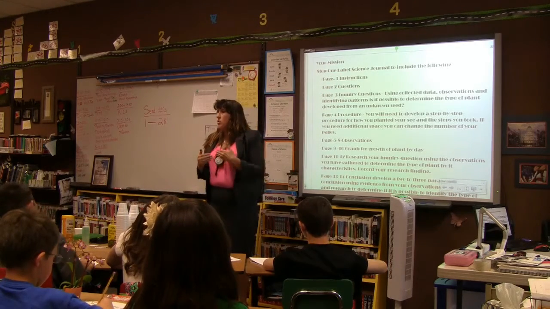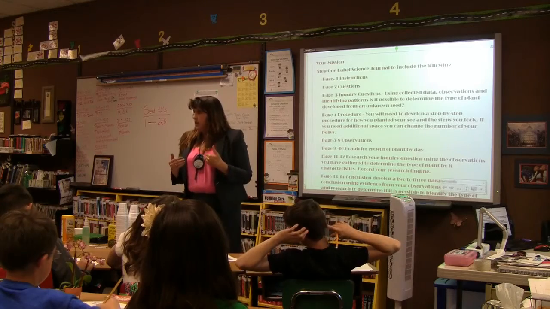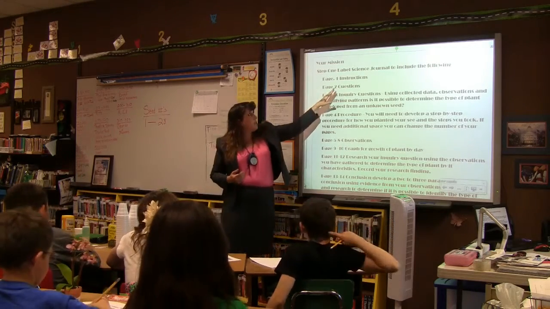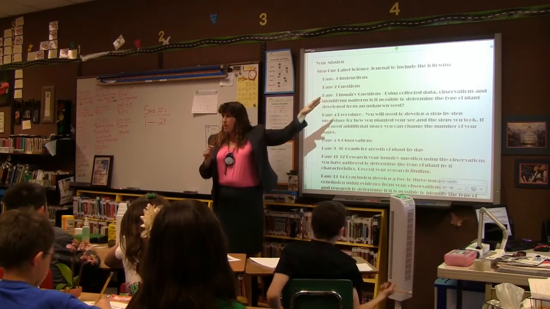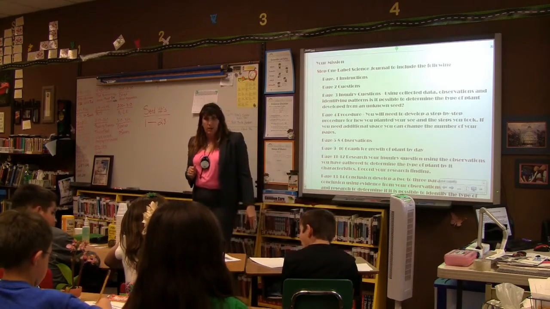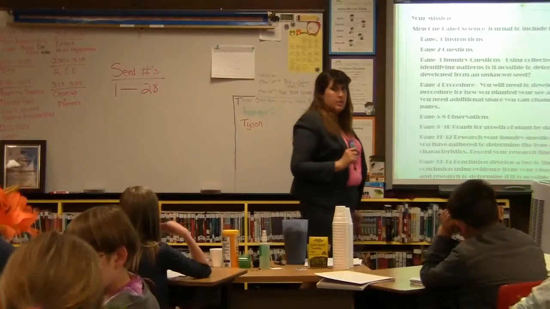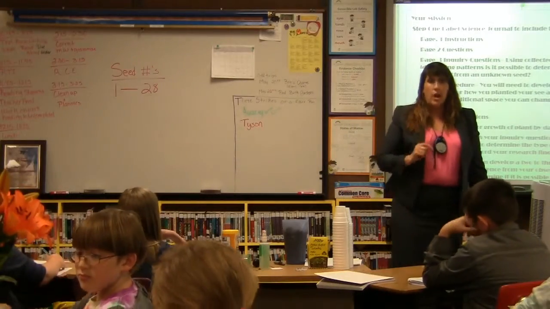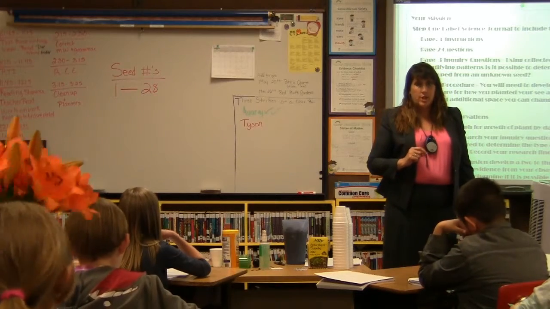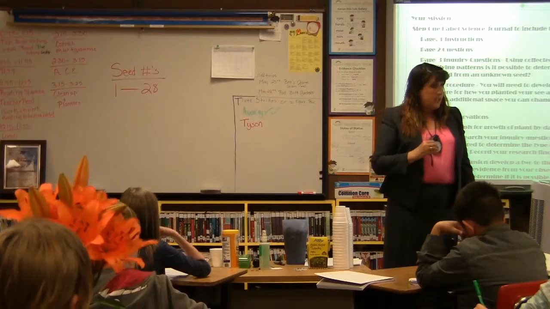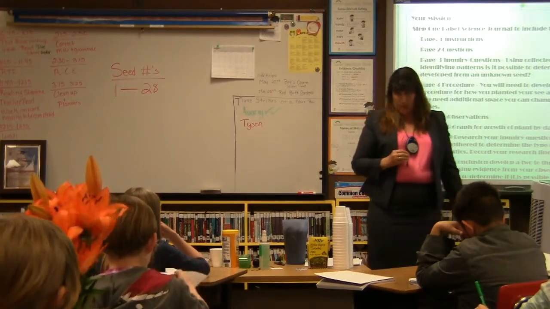That's what you have been given today as far as your instructions on how to do this. Okay, page 2, you're going to record any questions you might have about your plant growth. What I wonder if this will happen. I wonder if that will happen, so that when you get ready to write your research information, you can go back and look and see if your research answered any of your questions. Okay?